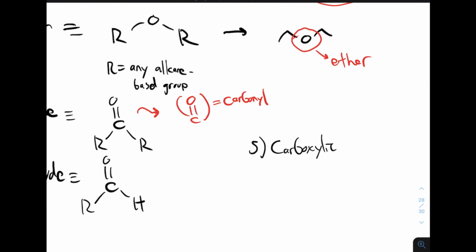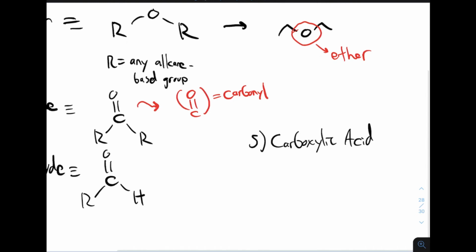So another example is a carboxylic acid. Okay, and the carboxylic acid looks like this. Instead of attached to a carbon or a hydrogen, we instead have an OH group. Okay, so we wouldn't consider this an alcohol.